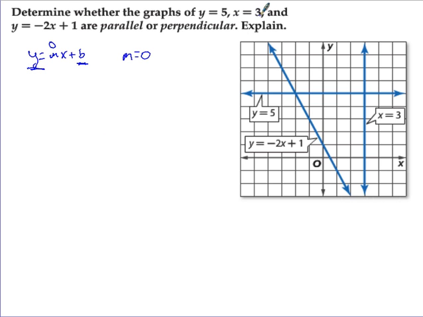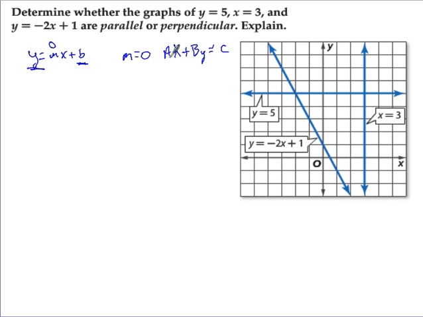Anytime I have an equation that looks like this, where x equals a constant, that is in standard form, ax plus by equals c. And so there is no y term in this case, so all we have left is that x value and the c.